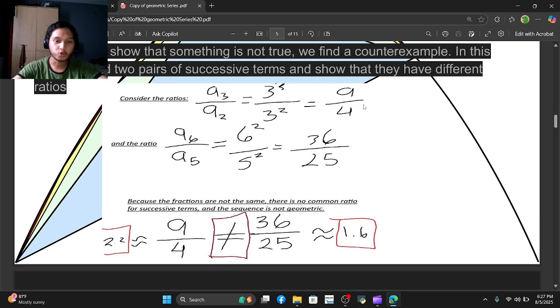How many 4s can enter in a 9? Probably 2.1 something. How many 25s can enter into 36? 1.6. So as you can see, there's a different ratio here.